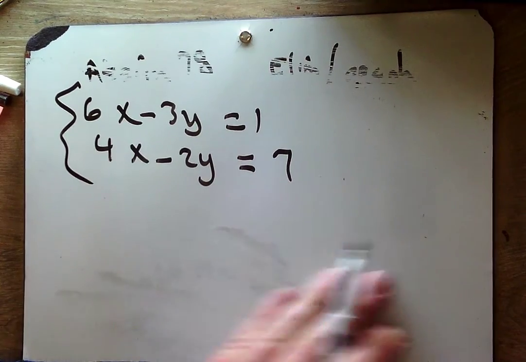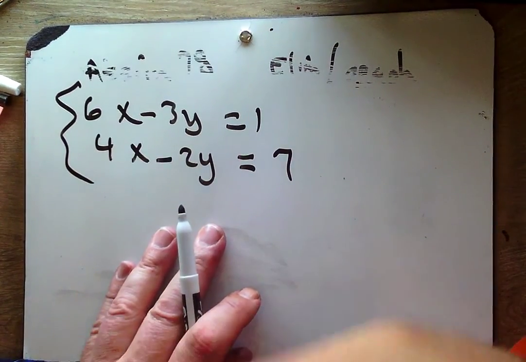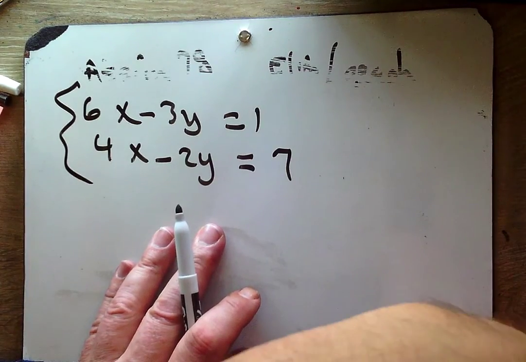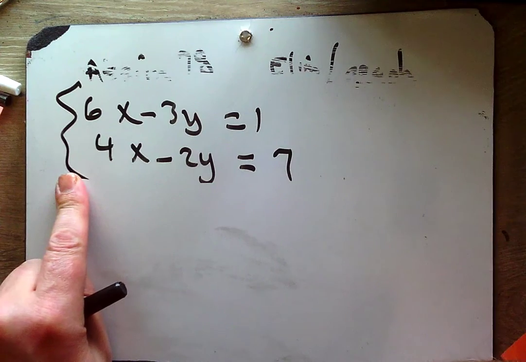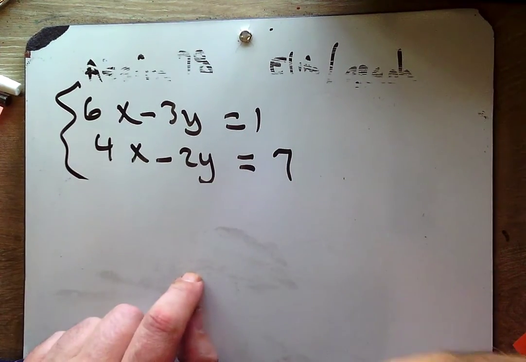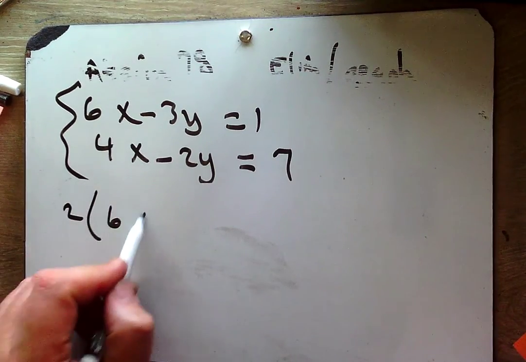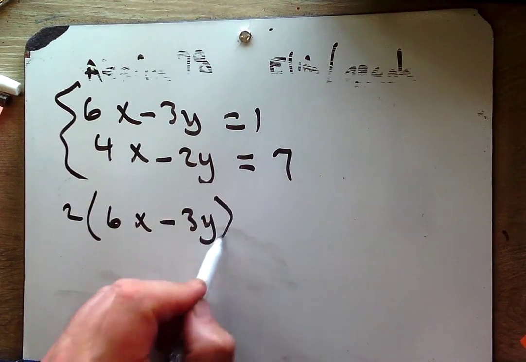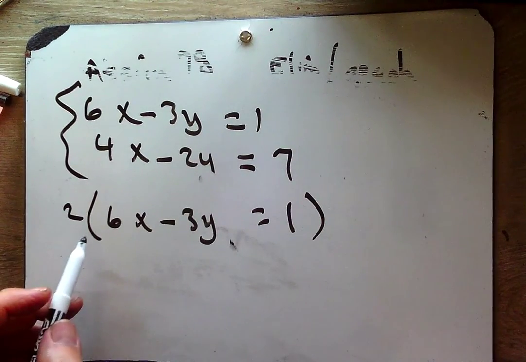Hey, welcome back. How'd it go? What did you see? What did you discover? So my guess is that you multiplied the bottom row by 3 and the top row by 2. So I think that's what I'm going to do. 6x minus 3y equals 1.